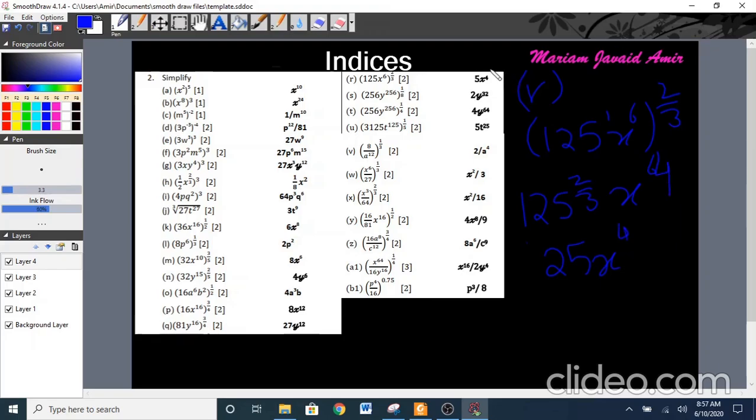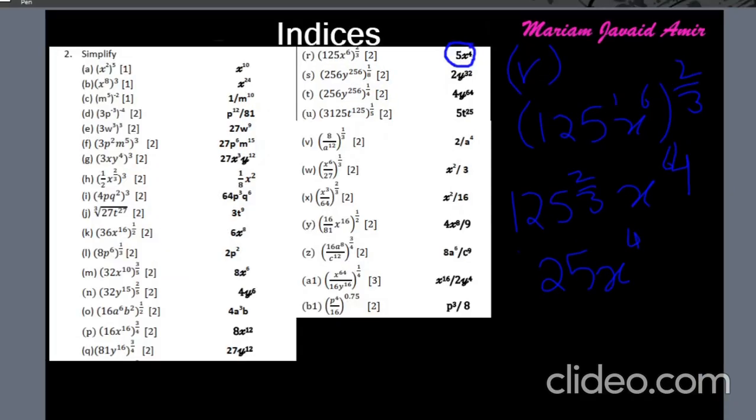Why is the answer 5x power 4 here? Let me quickly check in the marking scheme. Alright, it is 25x power 4 and not 5, so make this correction in your worksheet.